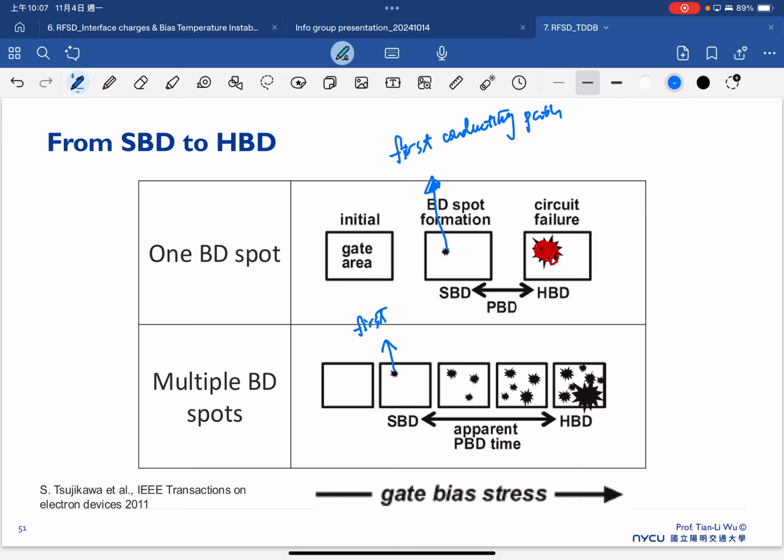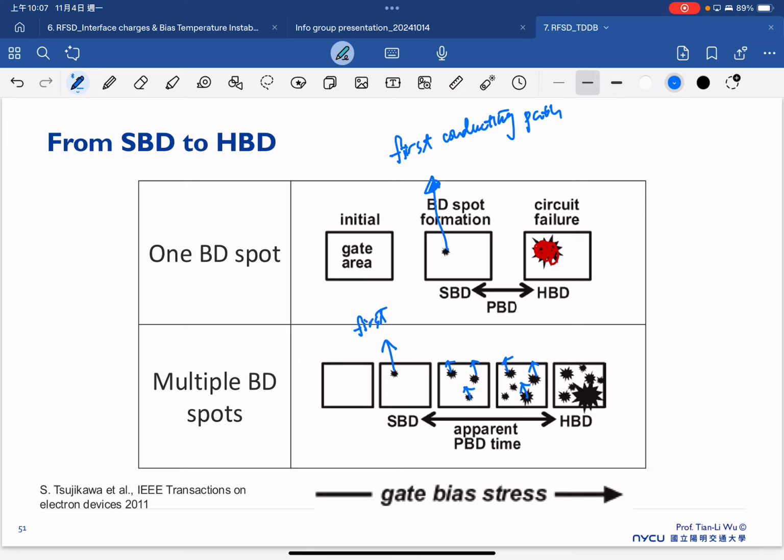But because the breakdown defect is randomly generated, it can be the second one and third one here. Some of the breakdown spots will grow bigger and bigger because we have more defect formation layers.